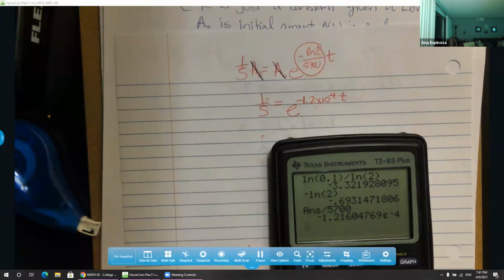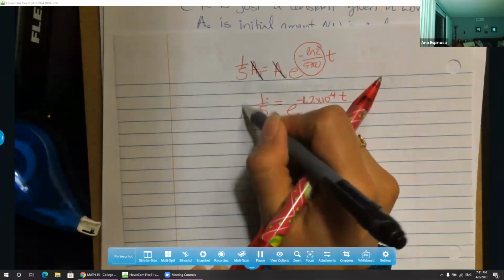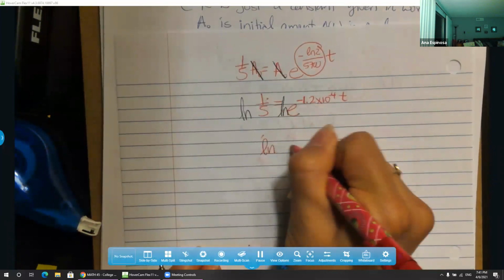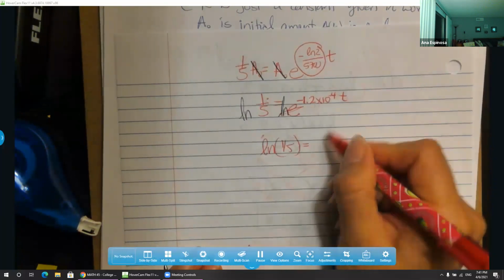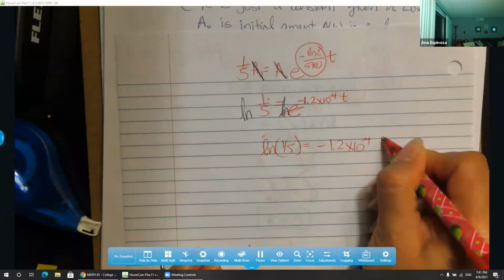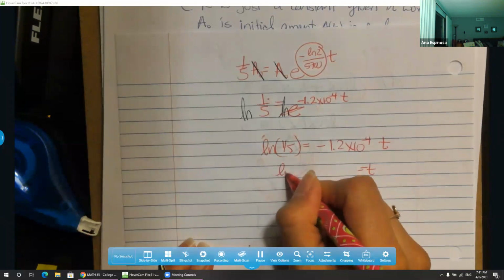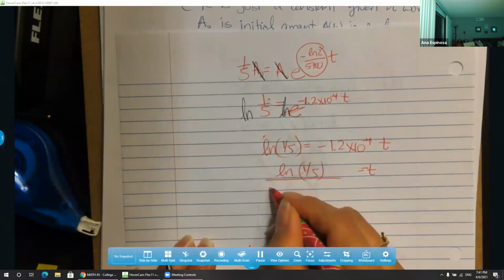All right. And then the way you solve this is the same way we've been solving these, where you take the ln of both sides, you squeeze in the ln. So ln of 1/5 equals, these cancel, giving you that number, T. So in order to find the time, you just take ln of 1/5 divided by this number.